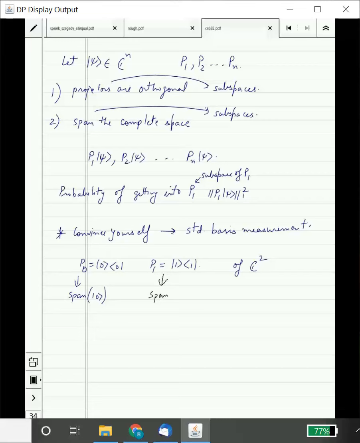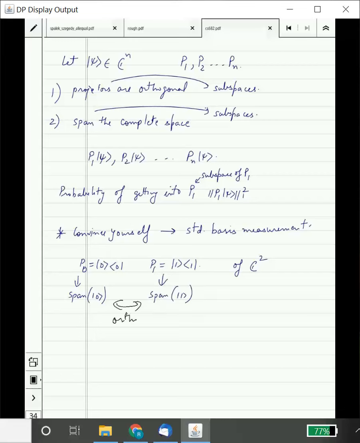These are orthogonal, and |0⟩ and |1⟩ span C². So conditions 1 and 2 are satisfied.